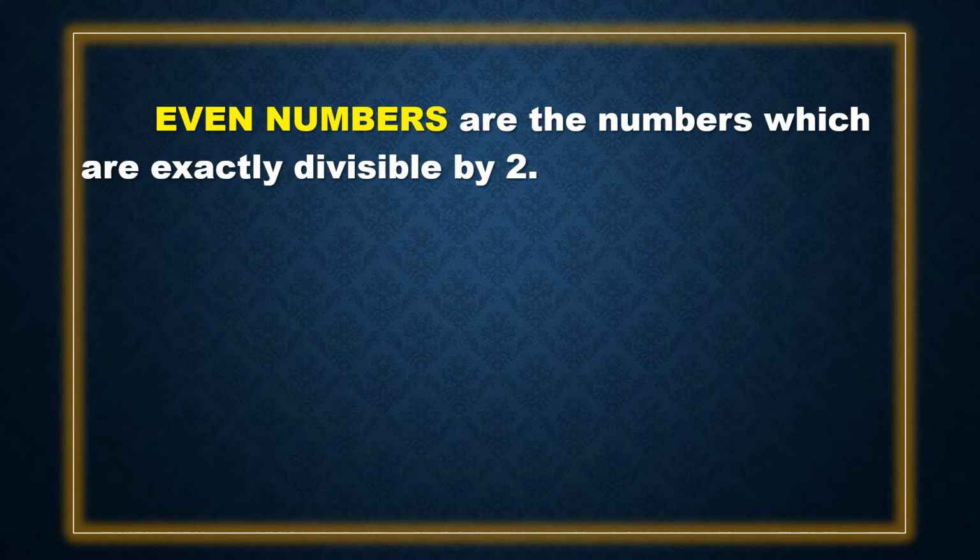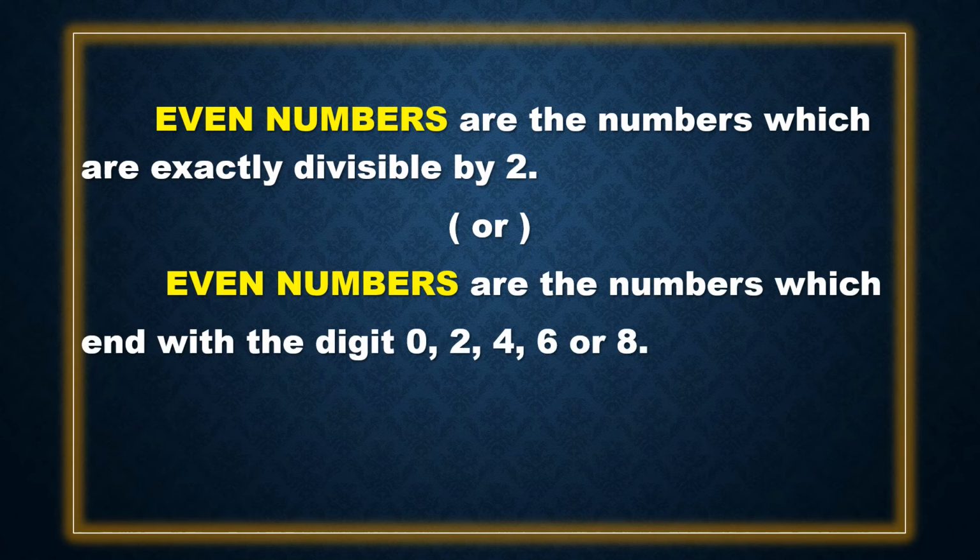Or I can also state this as, if you go through the divisibility rules, we have rules for 2, 3, 5, 6, 7, 8, everything, right? When you go to the divisibility rule of 2, a number which is ending with 0, 2, 4, 6, 8 is called an even number.